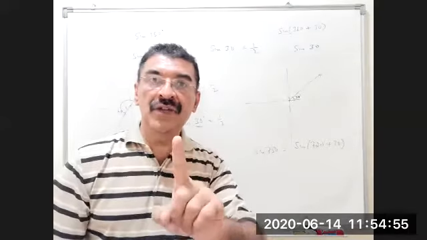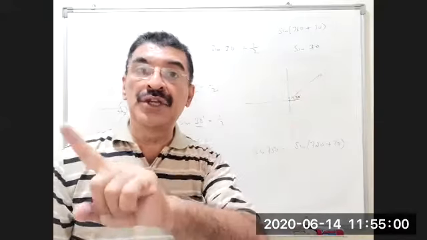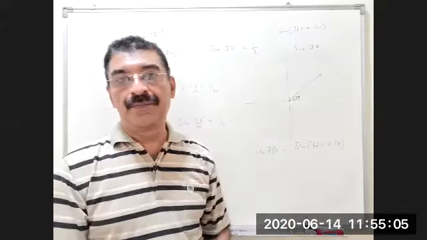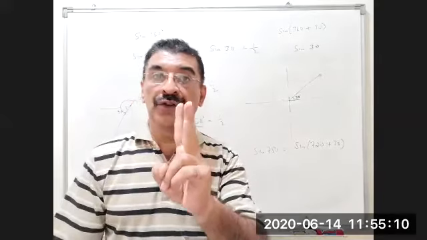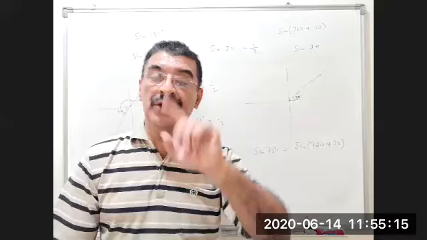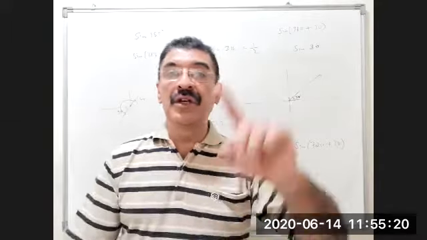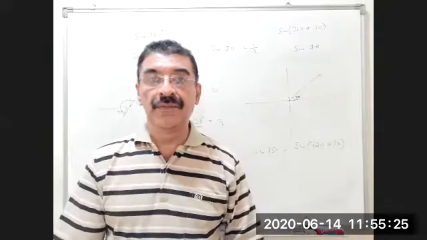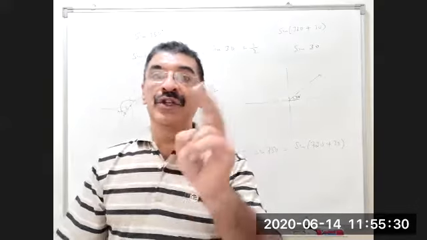Sine is positive in quadrant 1 and quadrant 2, so you get 2 values. For cos, we again get 2 positive values, one in quadrant 1 and another in quadrant 4. In the case of tan, we get positive values in quadrant 1 and quadrant 3.